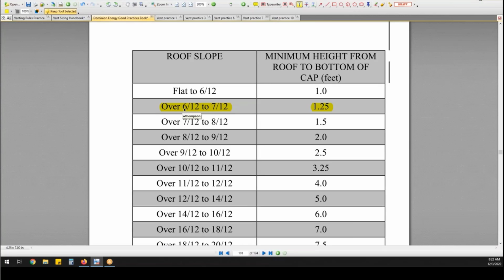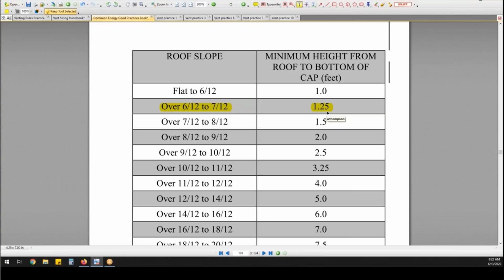So the question was, when terminating a 6-inch gas venting system on a roof with a 7/12 slope, how high above the roof must the bottom of the vent cap be? You can go right to this table, find your roof slope. So 1.25 feet, okay?